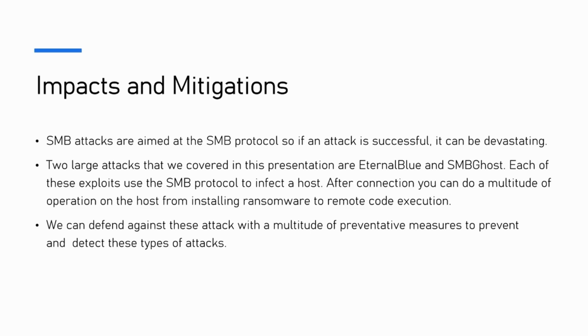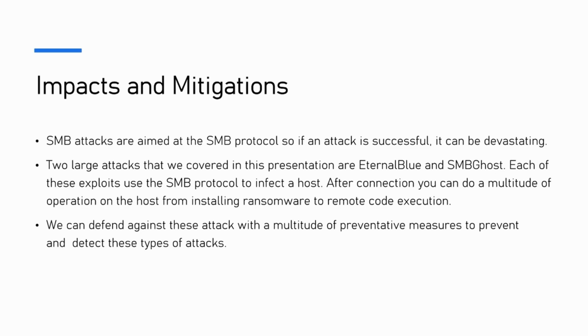All right, so now that we've learned about a couple of attacks, I'm going to be going into the impacts and mitigations of the SMB attacks. So SMB attacks are aimed at the SMB protocol, so if attacks are successful, it can be devastating because the SMB protocol is highly ingrained into most workstations nowadays.